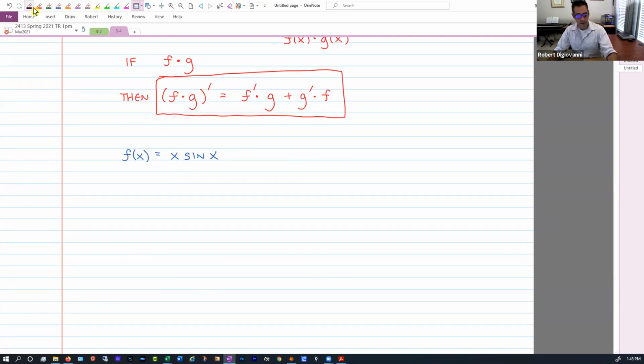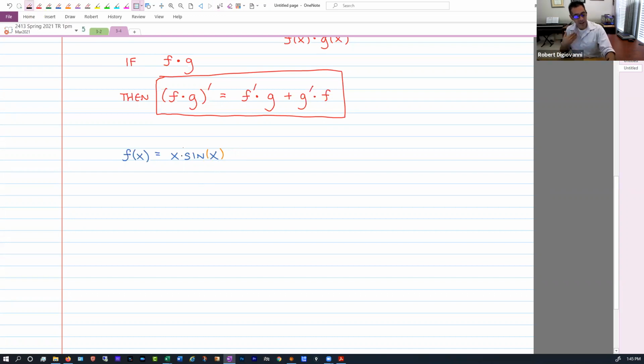Also, I should point out that this x lives in the sine function, right? This is sine of x. That's not multiplication between the letters sin and x. This is sine of x times x. We good with that? Yes?